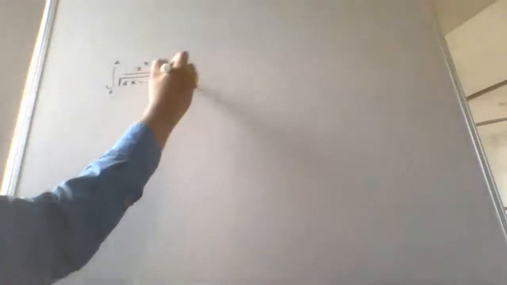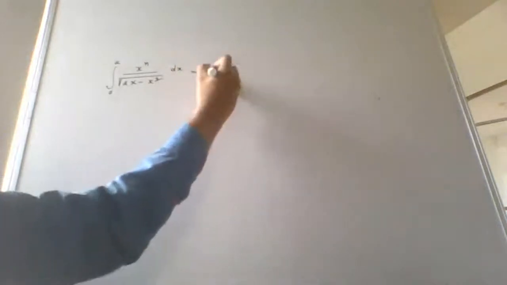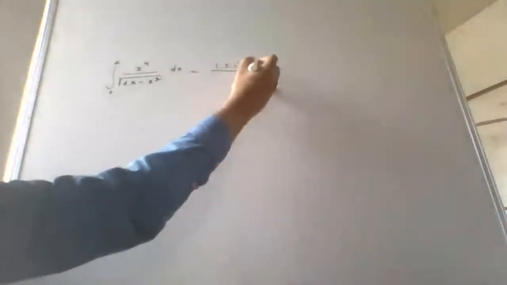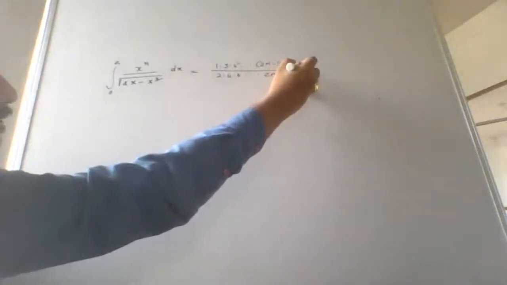Let us move on to the next problem. Now, let us show that the integral from 0 to a of x to the power of n divided by square root of ax minus x square, dx, is equal to 1 into 3 into 5 and so on up to 2n minus 1, divided by 2 into 4 into 6 and so on up to 2n, into pi a to the power n.